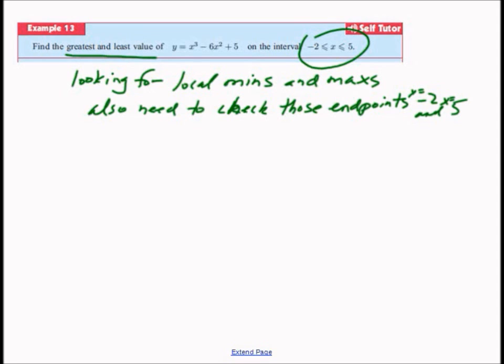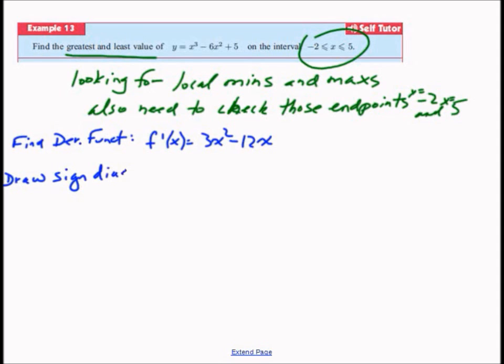So again, first thing we want to do is find the derivative function: 3x squared subtract 12x. Then we want to draw a sign diagram of it. In order to do that, we need our critical values.